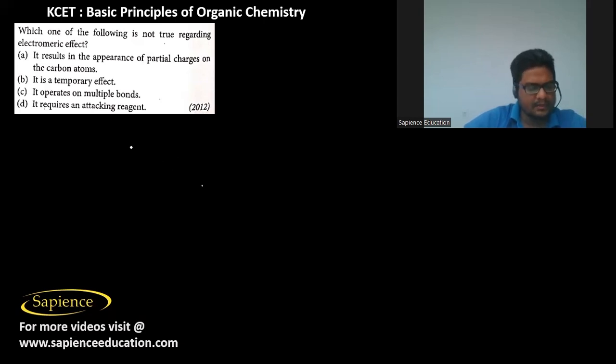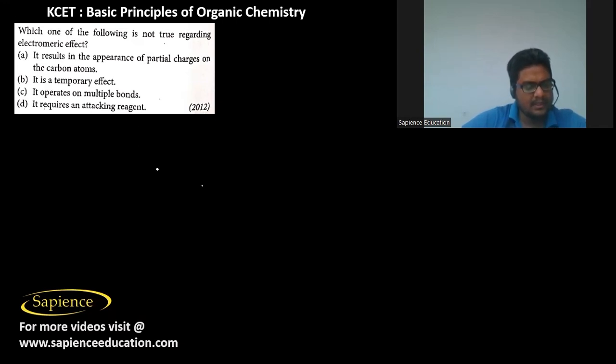So electromeric effect means the effect of the complete transfer of a shared pair of electrons to one of the atoms joined by a multiple bond at the requirement of an attacking reagent. So it results in the appearance of partial charges on the carbon atoms.